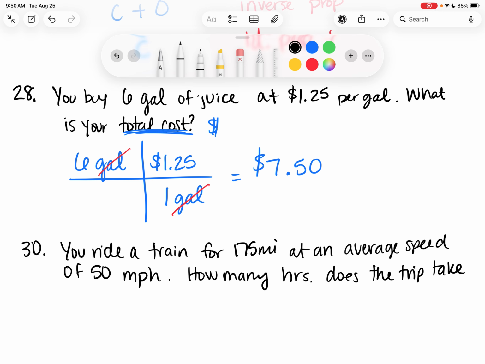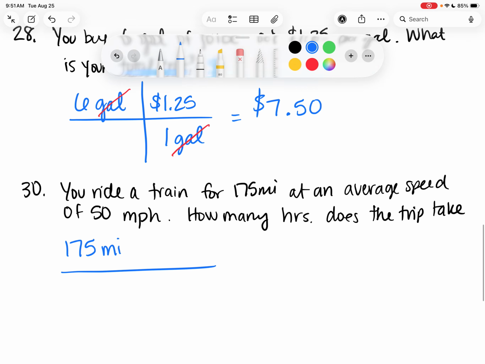All right, so I want to know how many hours it takes. I have how far I'm going, and I have the speed at which I'm going in miles per hour. So I'm going to start with the 175 for miles on the top of my T-chart. Now, the reason I like the T-chart is it's really helpful to make sure that you have your units correct, okay?